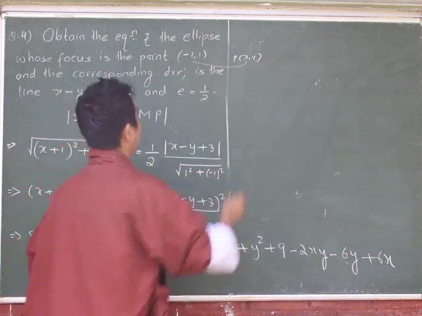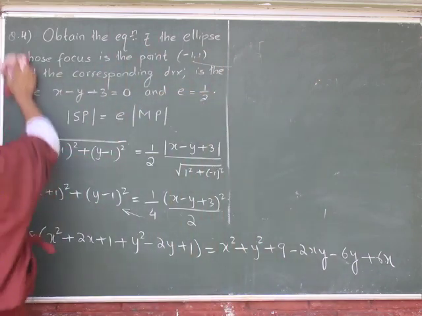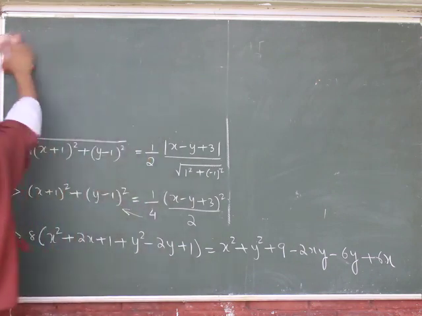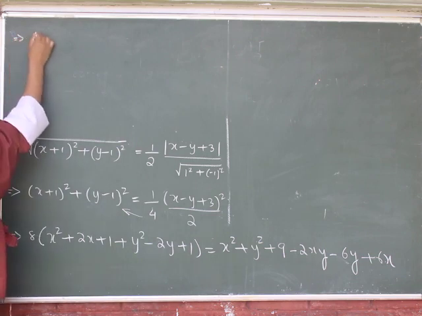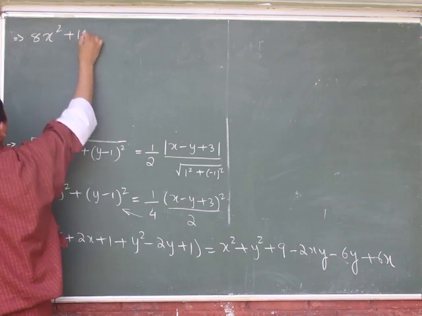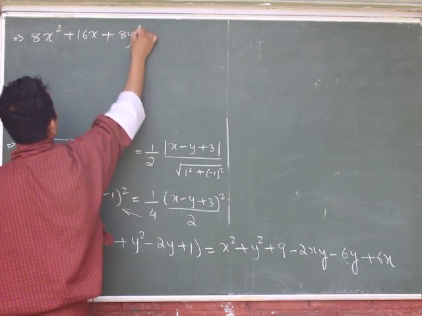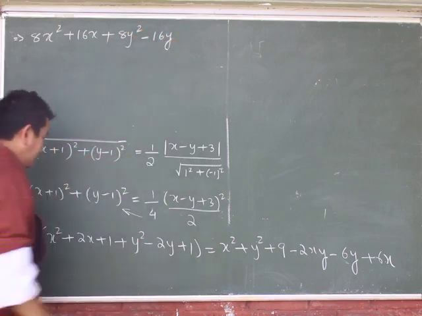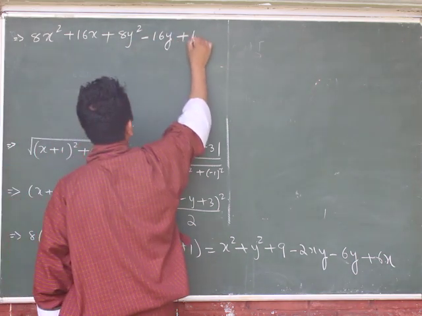Now please open the bracket. When you open the bracket, we have 8x square plus 16x plus 8y square, open this bracket, minus 16y, 1 plus 1 is 2, 2 times 8 becomes 16.